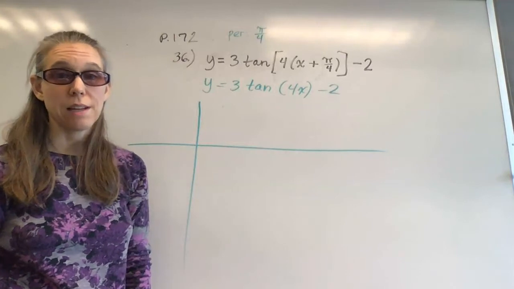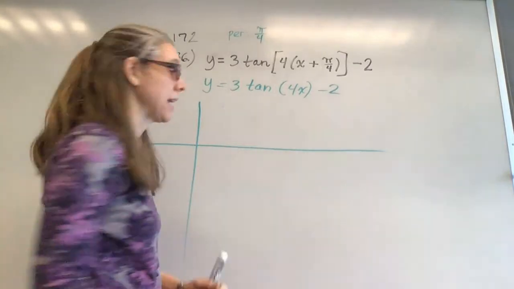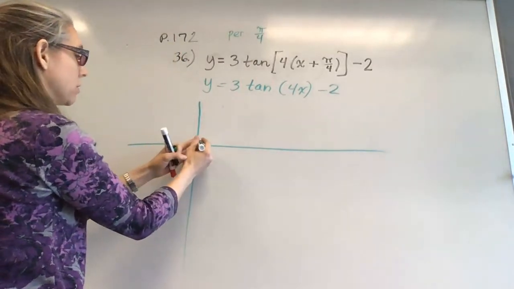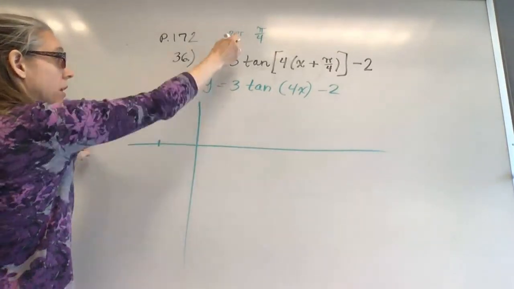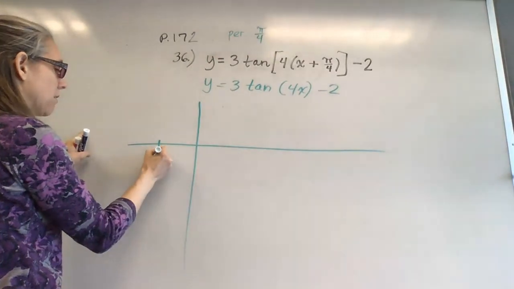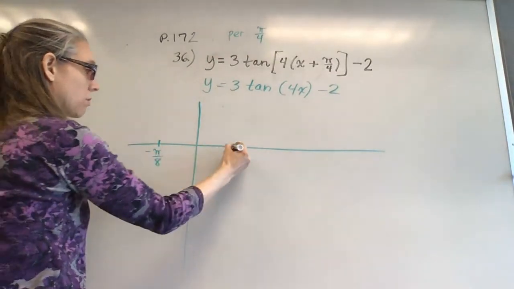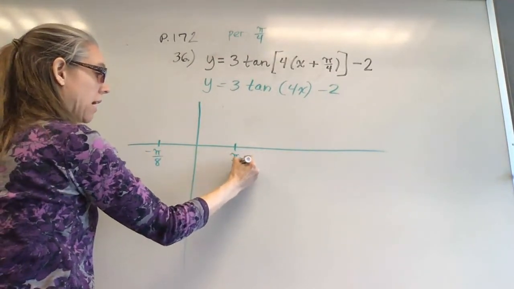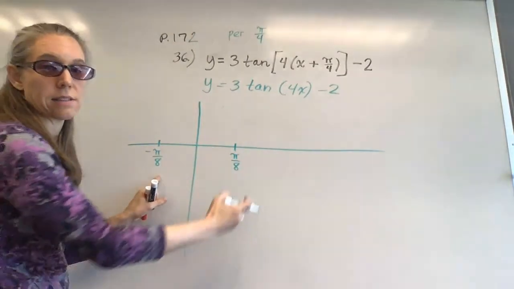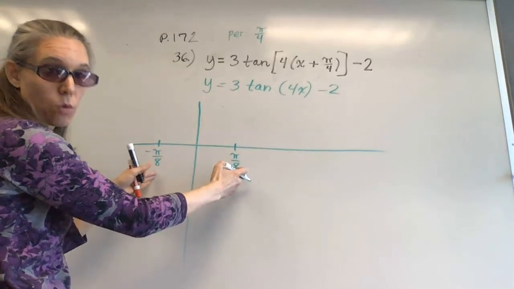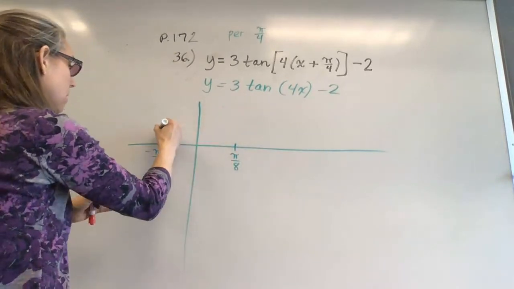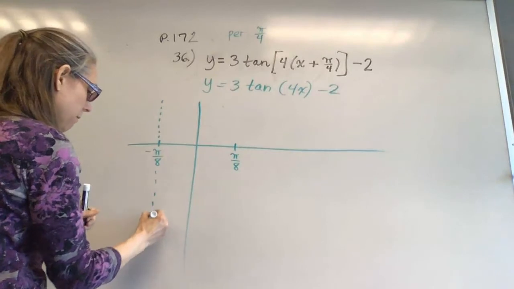So since the period is pi fourths and tangent straddles pi fourths to the right and to the left, half of a period would be -pi/8, and to the right, +pi/8. Together, -pi/8 and +pi/8 form a distance of pi fourths. So that would be the first period for my graph.